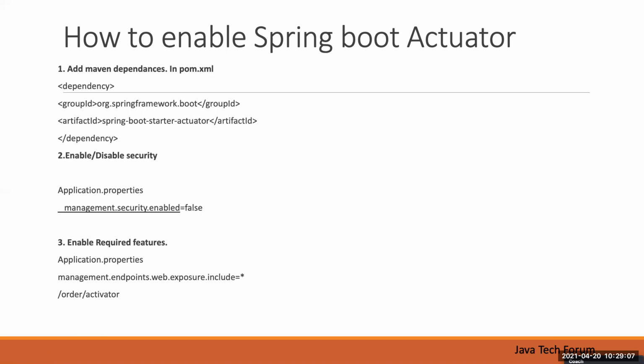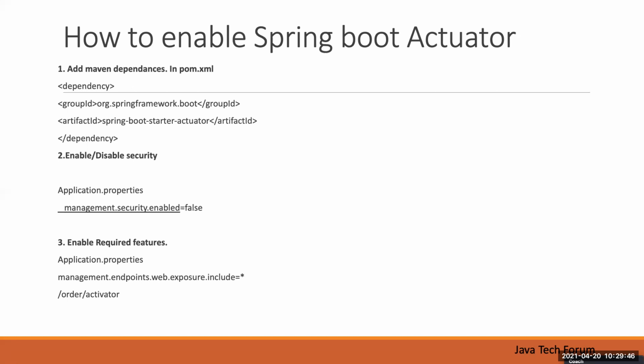So in the application.properties file, you can enable or disable the security for these new REST endpoints by adding this property.